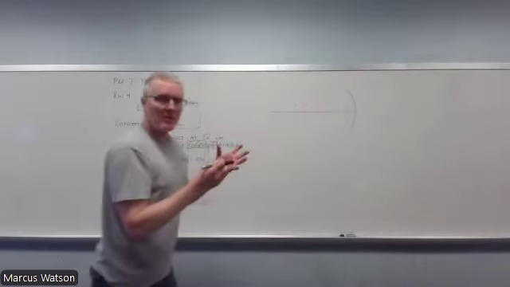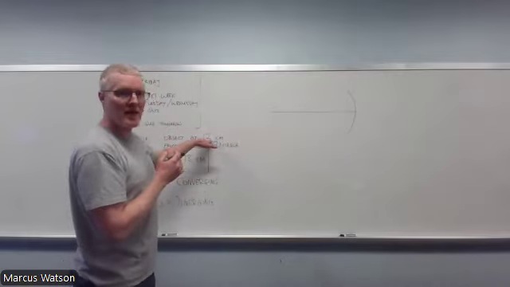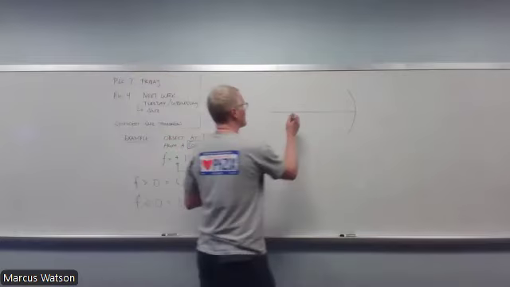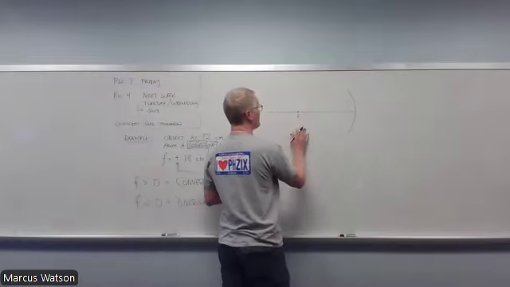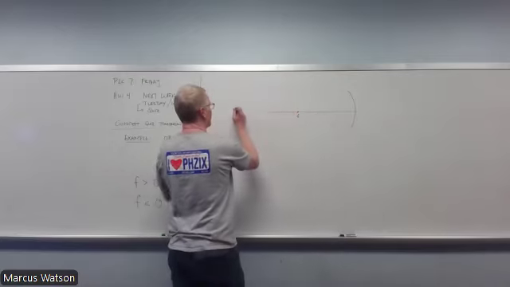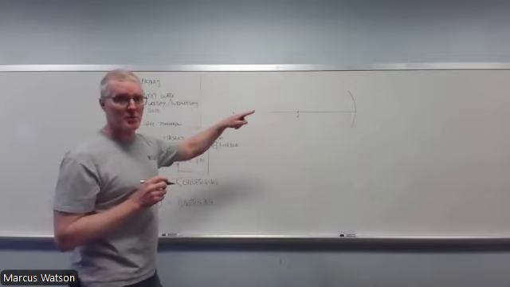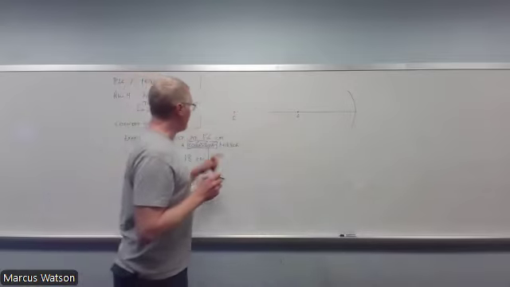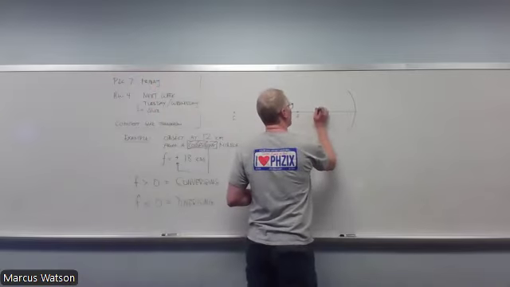Now, in this case, I'm going to mark out a focal point, which is relatively far away compared to the object distance. So I'm going to put my focal length somewhere over here, which means that the center point should be somewhere over here. And that's the radius. So the radius is twice the focal length. My object is somewhere inside the focal point. Let's put it, say, here.